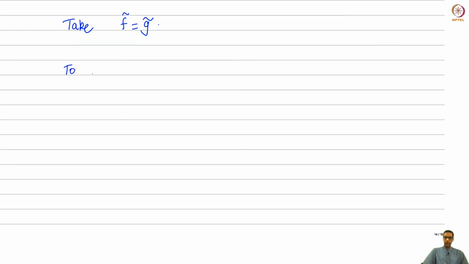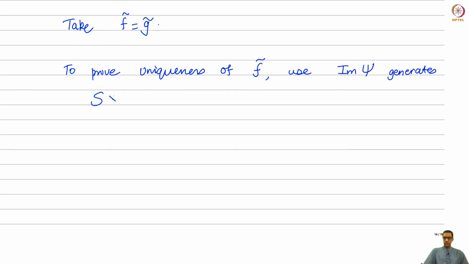So to prove uniqueness of F tilde, use the fact that the image of this map psi generates this as an S module. Okay, so prove this exercise. Once that's in place, then it automatically implies that this is unique.